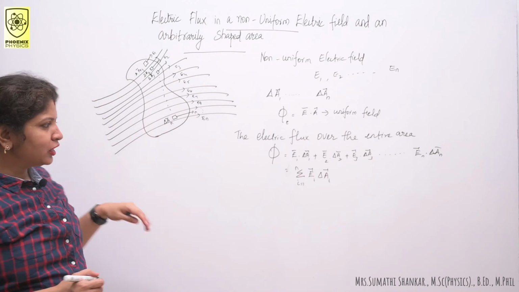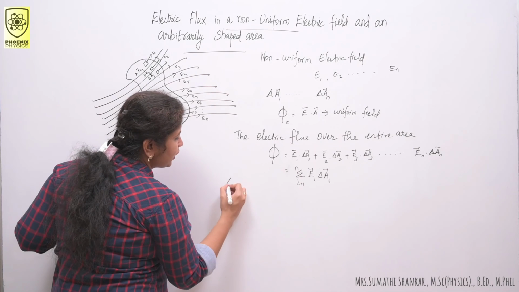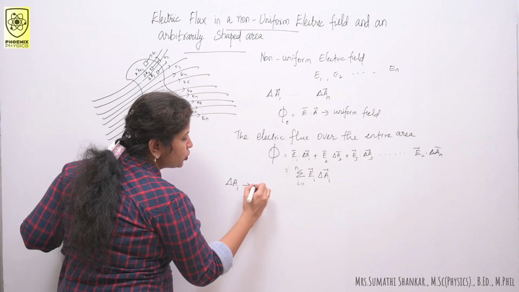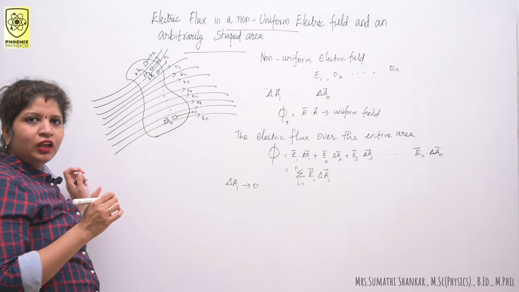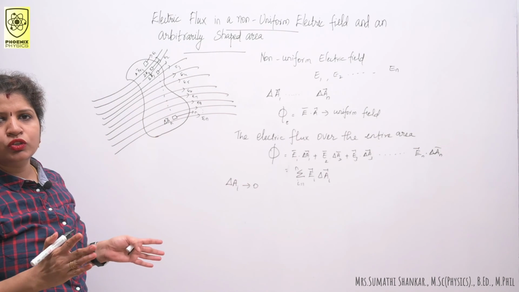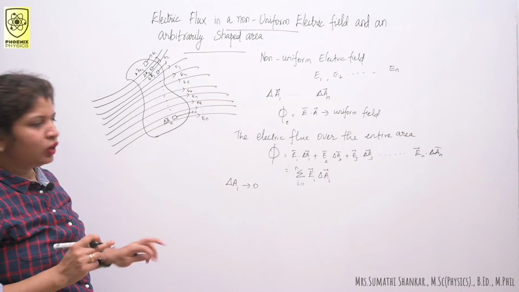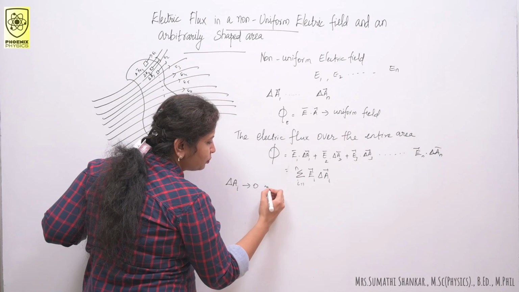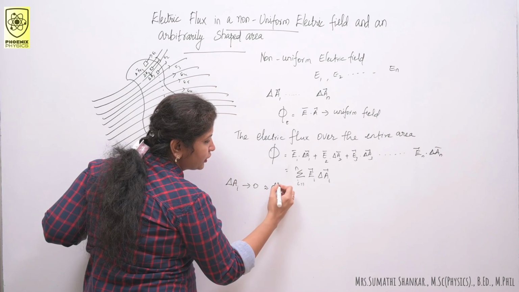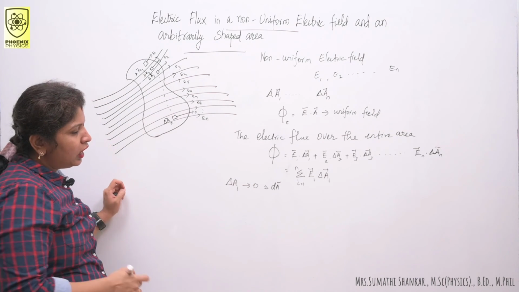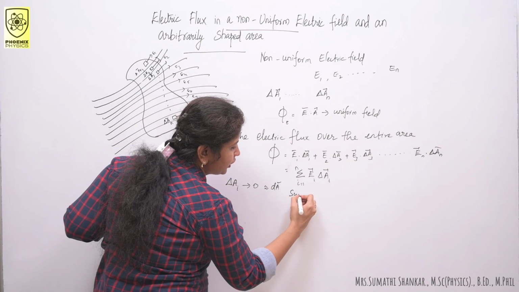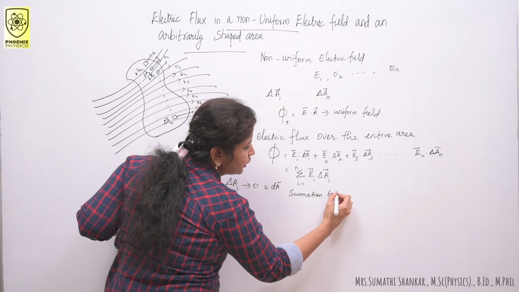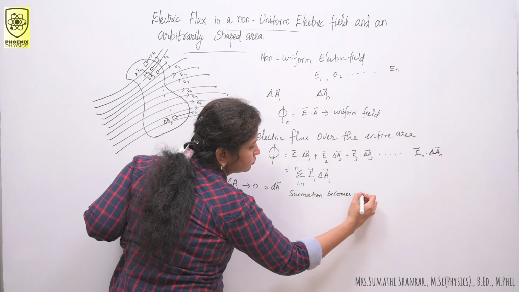Now I am considering this delta Ai tends to 0. Tends to 0 means not exactly equal to 0, it approaches 0. Under this condition, this delta Ai becomes dA vector, and this summation becomes integration.